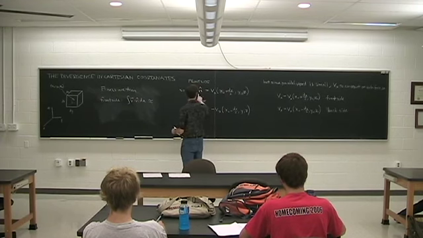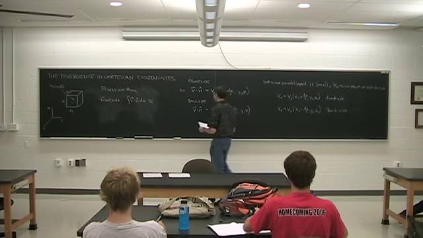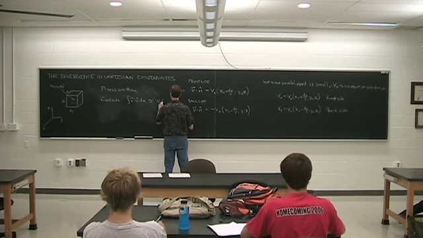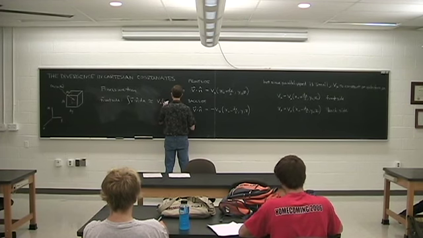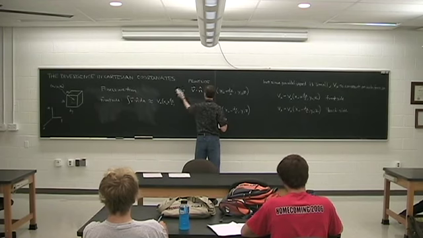Namely, we've already said that v dot n hat is v sub x evaluated on that face. So that'll just be v sub x evaluated at x naught plus dx over 2, y naught, z naught.